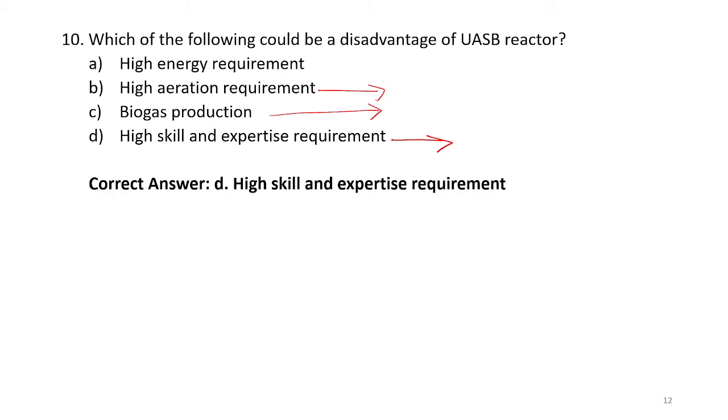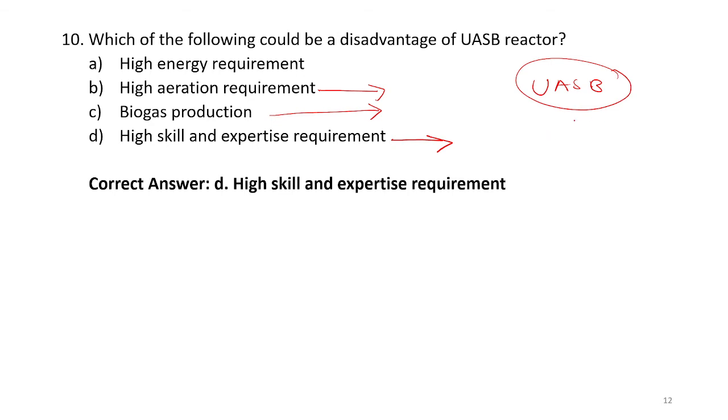Option D, high skill and expertise requirement, is the correct answer. I'll tell you why. We are talking about the USB reactor, which is upflow anaerobic sludge blanket reactor. We are talking about the anaerobic reactor. So first of all, the most important advantage of any anaerobic reactor is their low energy requirement compared to the aerobic process.